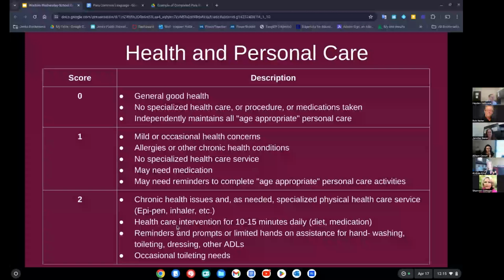And then the second level is chronic health issues, so specialized physical health care services, an EpiPen, inhaler, possibly diabetic students. It could also mean diet or healthcare interventions as far as medication, reminders and prompts, limited hands-on assistance for hand washing, toileting, dressing, those needs.